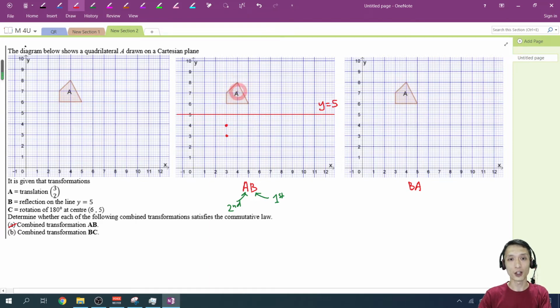How about this one? 1, 2, 3, remember the 3, then count again 1, 2, 3. Here do the same thing, 1, 1. So this is the image of object A under this transformation B. Let me connect all these points together first.